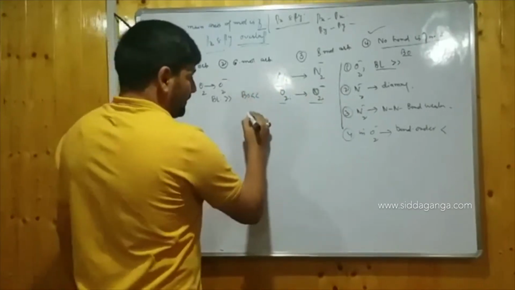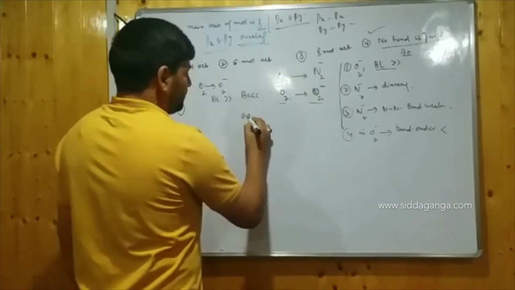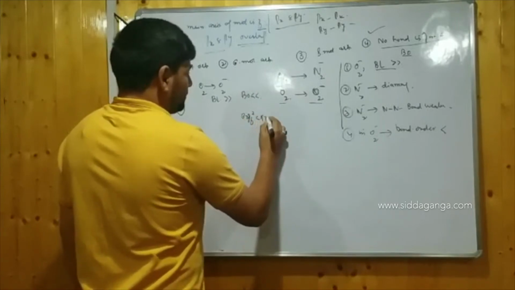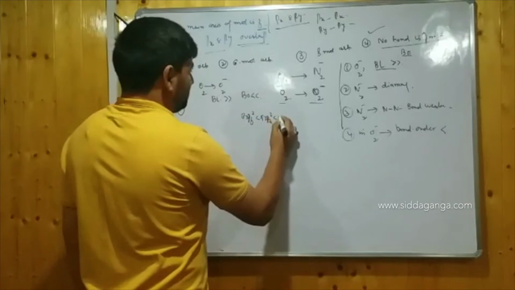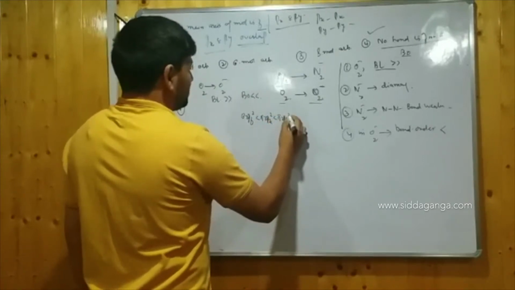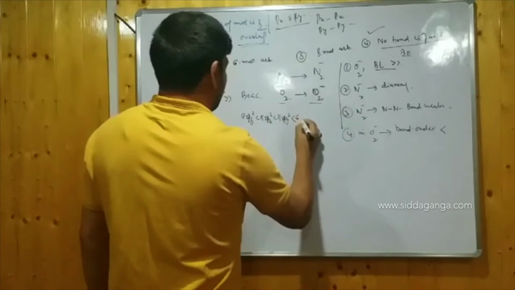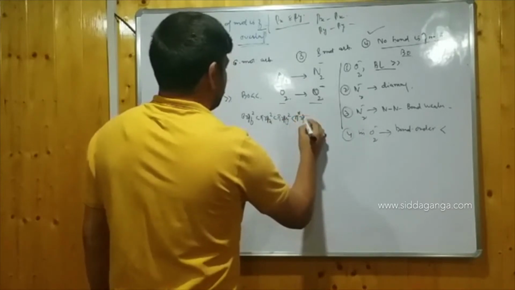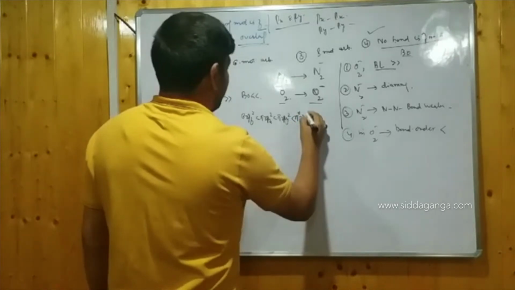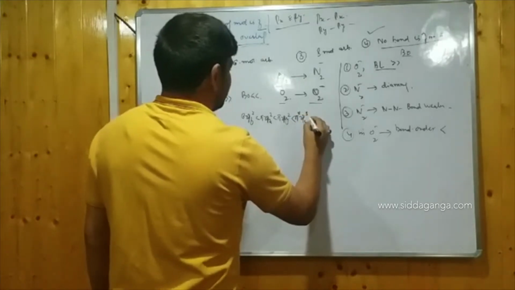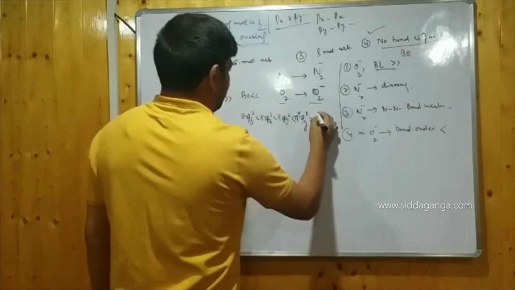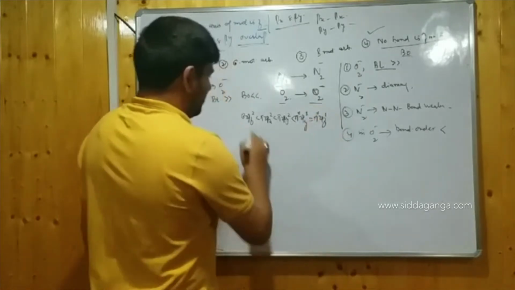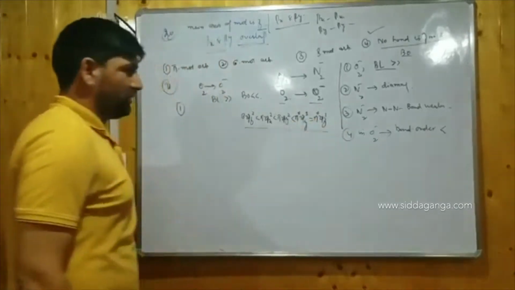It is sigma 2pz2 less than pi 2px2 less than pi 2py2 less than pi star 2py1 equal to pi star 2pz1. This is the outermost electronic configuration of oxygen.